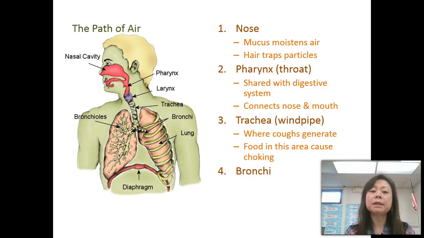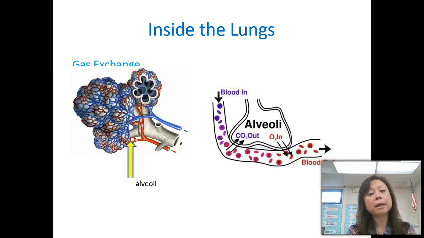Then air will move down to the tubes called bronchi, and it splits into two, one going into each of the lungs. You can see that the bronchi also split into smaller and smaller branches called bronchioles. And at the ends of the bronchioles, we have these little grape-like structures called alveoli.